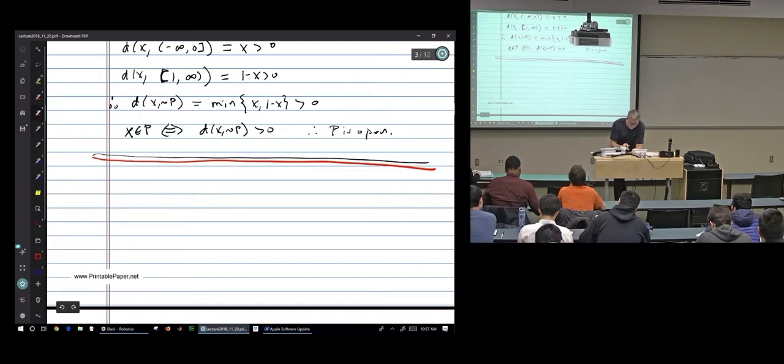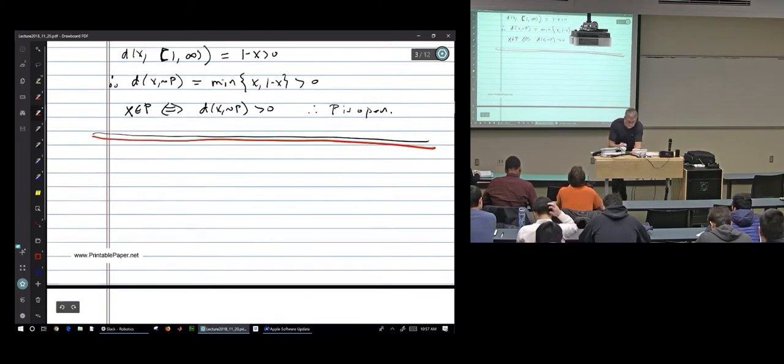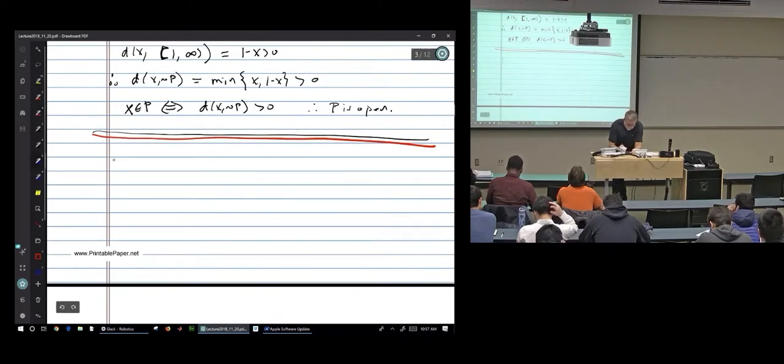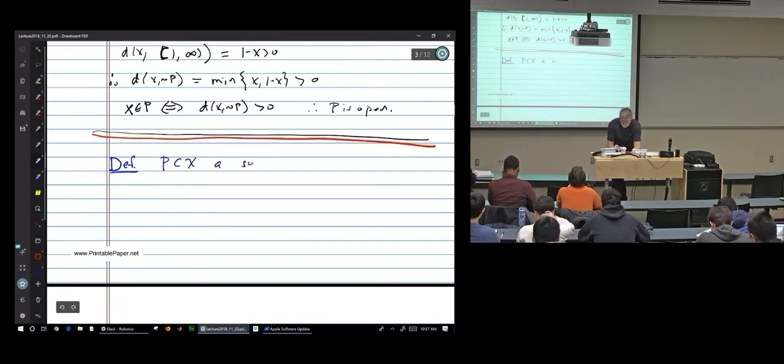Okay, so that's open sets. Definition. Once again, P contained in X, a subset.